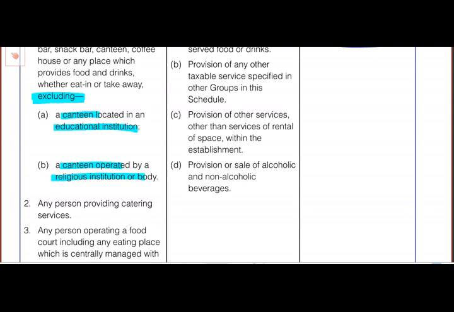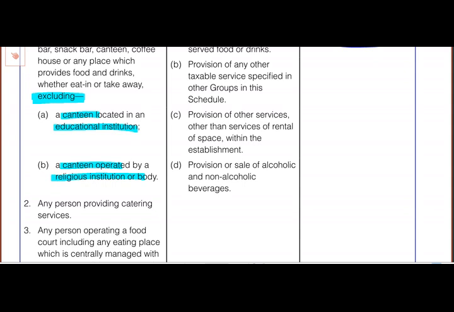Our college canteen, you don't have to register, because we are within. They say canteen that is located in the education institution. It's not saying that the canteen is owned by the college. No, our canteen isn't owned by us. It's operated by other people. But because they are in an education institution. But for religious institution, they have to be operated by the religious body.